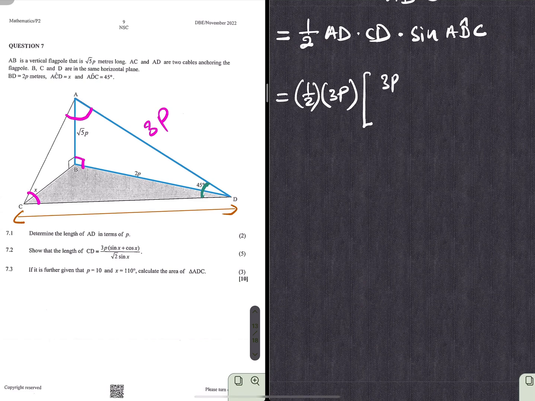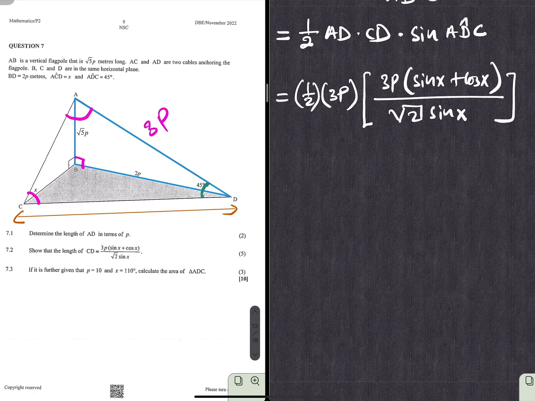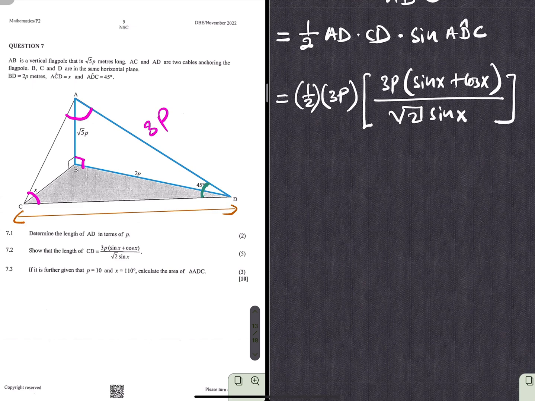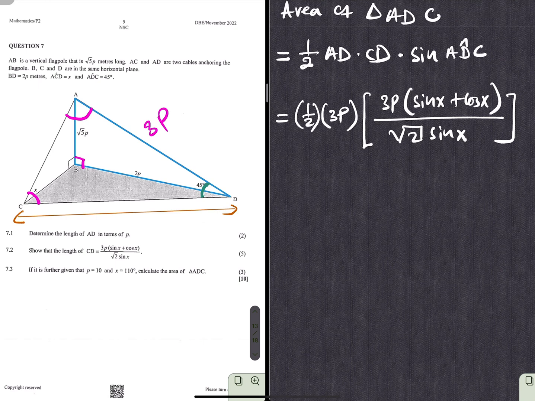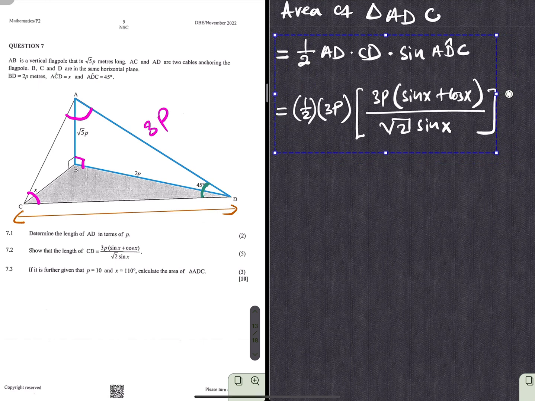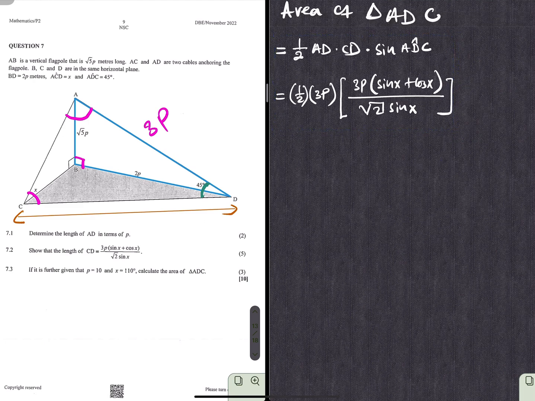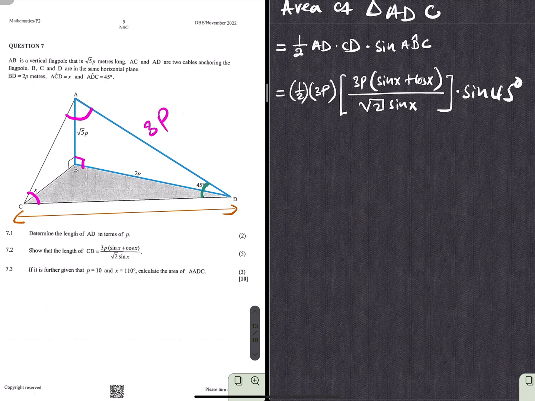So this is going to be 3P into sine x plus cos x divided by the square root of 2 sine x. I have to multiply this by sine of D, that is 45 degrees.